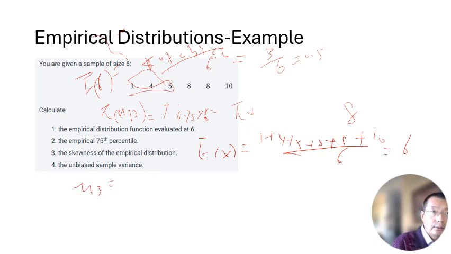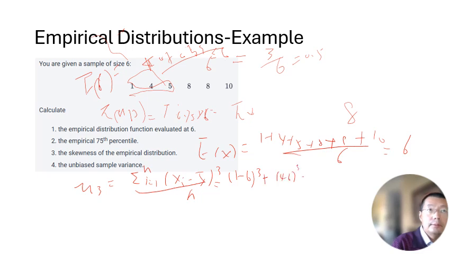It's equal to the sum of (xi minus x bar) cubed, this is just the formula, over m. And here you have 1 minus 6 to the third power, and 4 minus 6 to the third power, plus 5 minus 6 to the third power, etc., until the last one, 10 minus 6 to the third power, divided by 6.